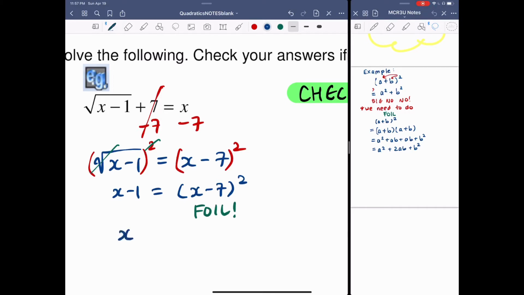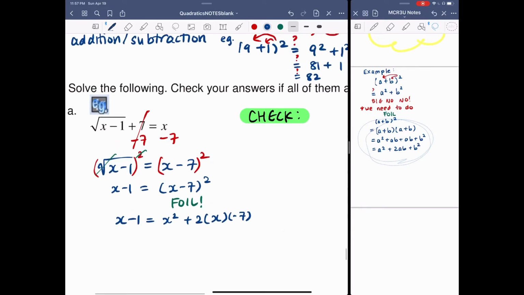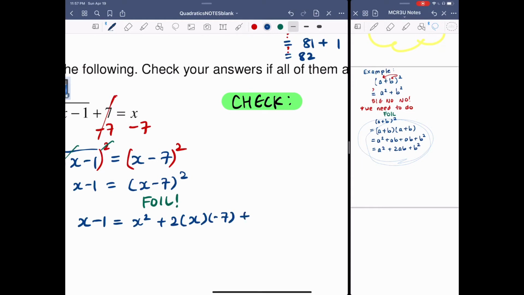So I get x minus 1 equals x squared, plus 2 times x times negative 7, plus negative 7 squared. I'm treating the negative 7 as part of my complete b.